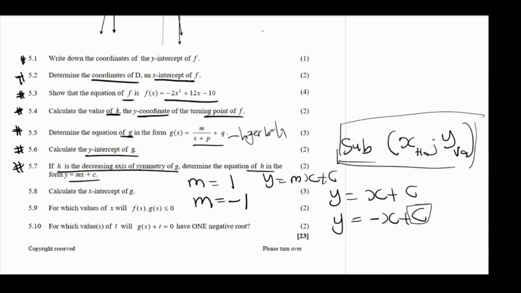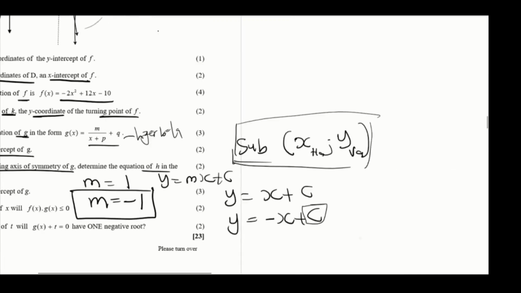In this question we are asked to find the decreasing axis of symmetry of g, meaning that we're going to focus on m is equal to -1.